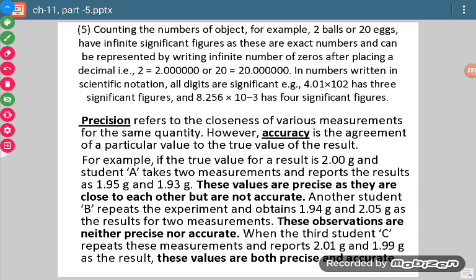Now student C gives the results 2.01 gram and 1.99 gram. These results are in agreement with the definition of significant figures. They vary by plus minus 1 from the actual value, and moreover they are nearby values. So we will say these results are precise and also accurate.